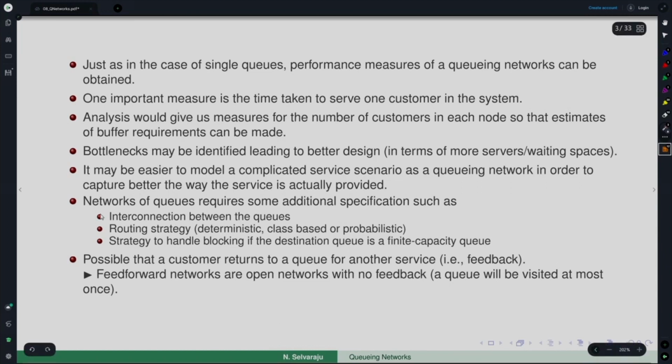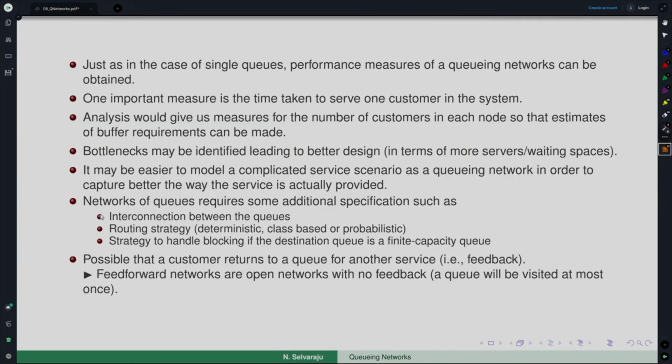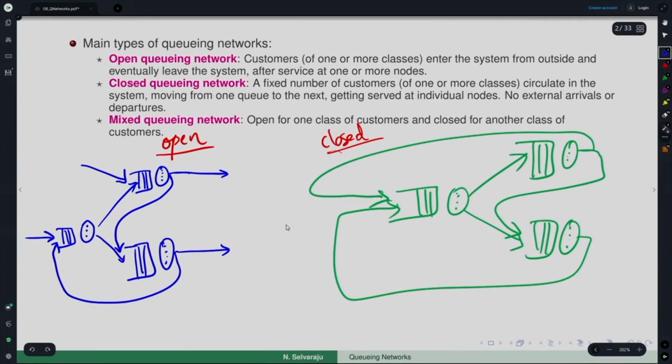And just like single node queuing systems require some specifications to characterize that particular system, a network of queues also requires some additional specifications, as you would have by now observed. The first thing is interconnection between the queues, okay. What is that? Suppose I look at how this particular node is connected to this particular node and this particular node and so on in any queuing network.